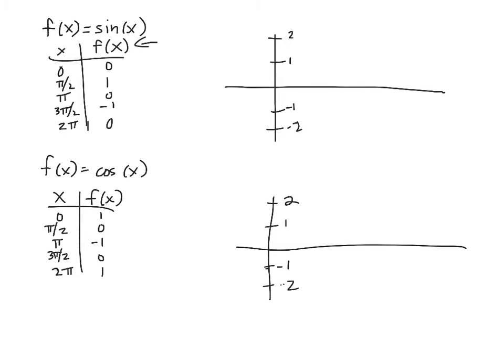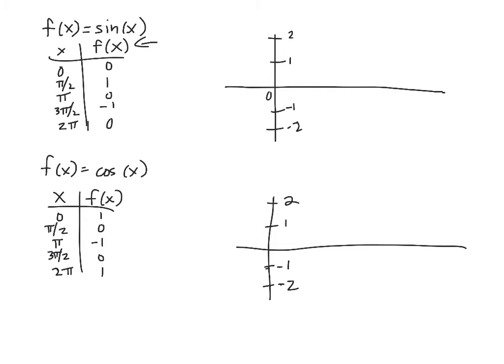And our x coordinates are in terms of pi. So again, pi is just a number. Pi is 3.14. We could just put 1, 2, 3 and just kind of estimate. Or if we want it to be exact, we can scale the graph to the exact x coordinates that we have.